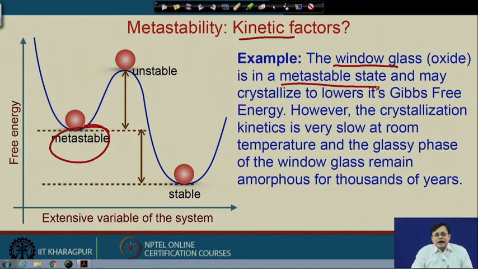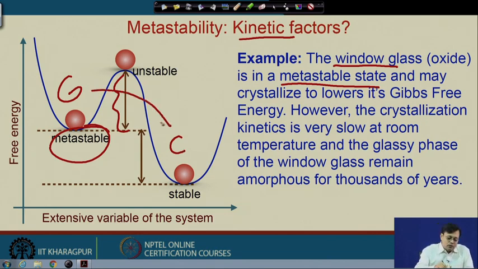However, a glass always tries to crystallize if some activation energy is given. So, here we are talking about a glass, and here this is a crystal. So, from a glass to a crystal we can change the state, which will also lower the Gibbs free energy.